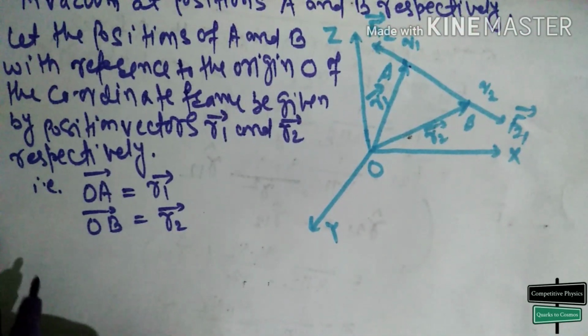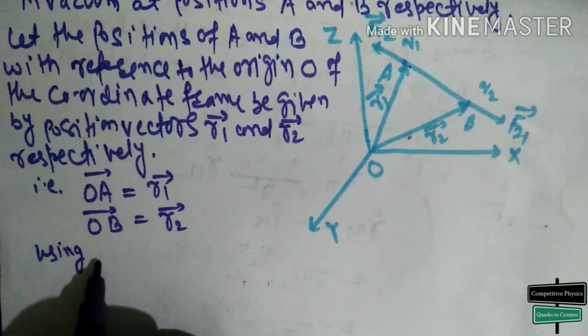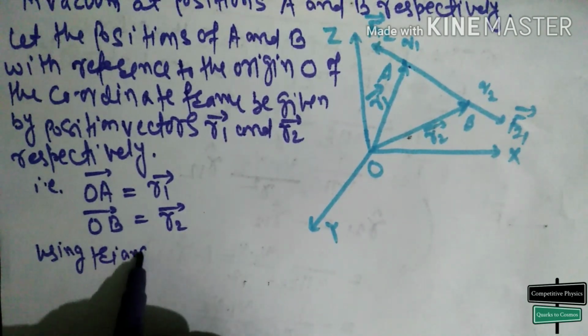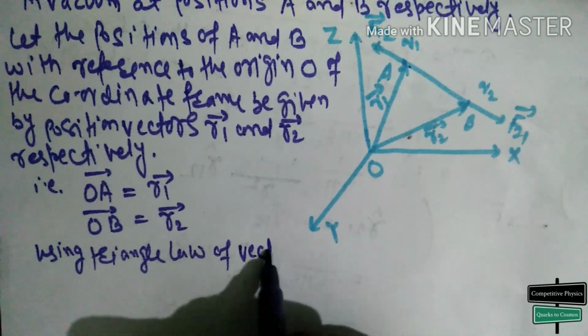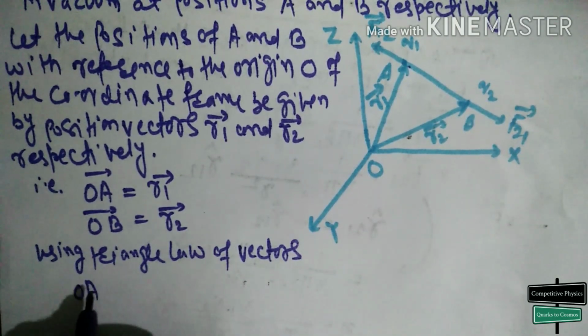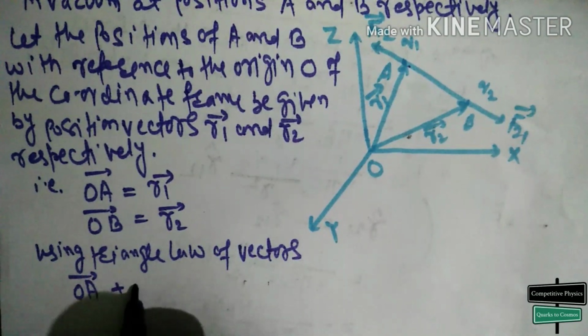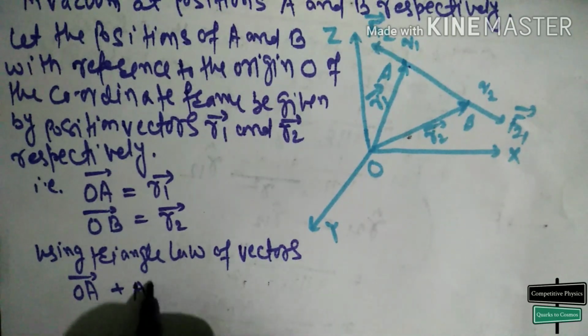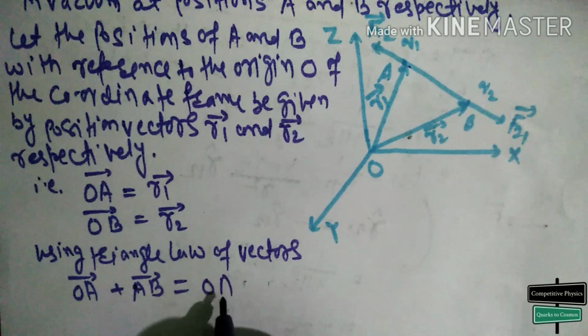So using the triangle law of vectors, we have OA plus AB equals OB.